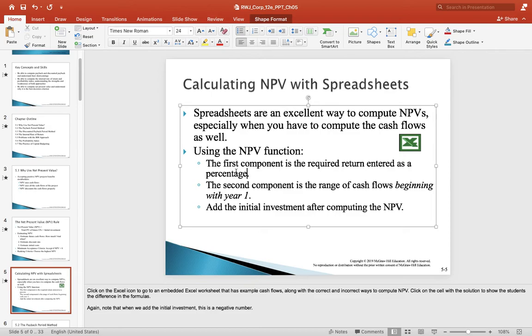We will see. The cost of capital, here in the previous example, we have taken 10%. So it is entered into the spreadsheet as a percentage.